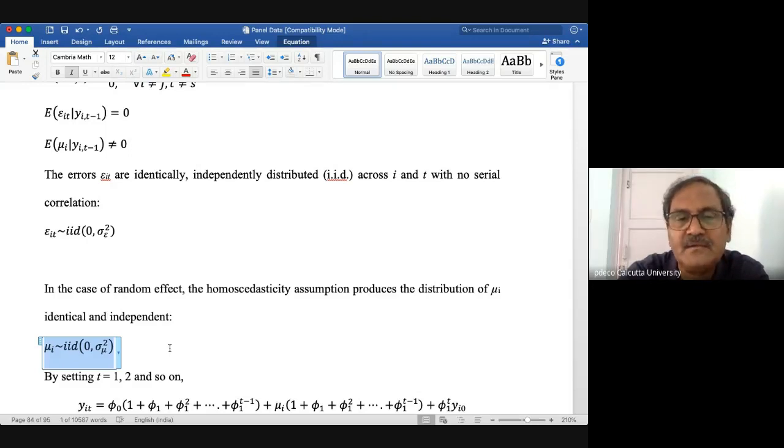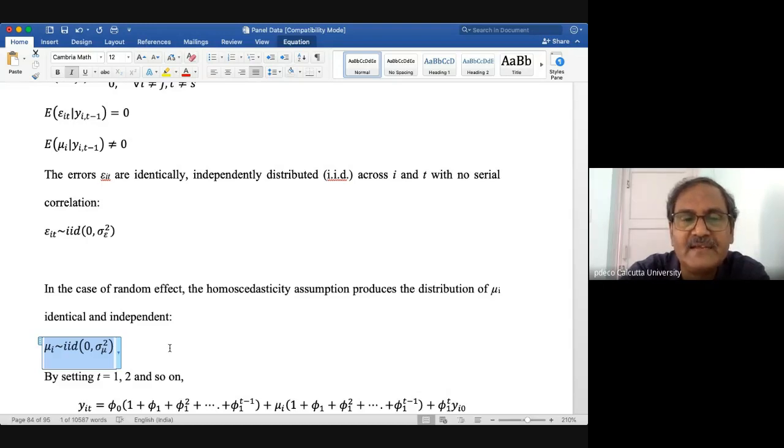When we consider random effect, we can take mu I as a part of the error, so we have to consider the composite error in estimating the model.